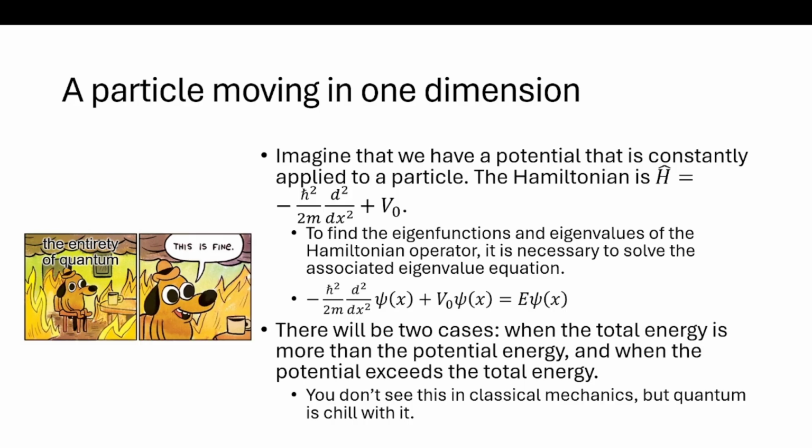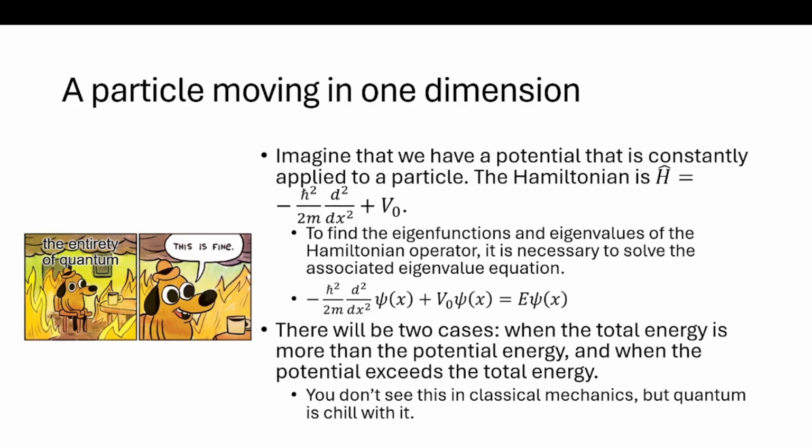Let's first consider a particle that moves in just one dimension, and we have a potential that we constantly apply to that particle. As you can see, our Hamiltonian operator, we can write in explicit terms. To find the necessary eigenfunctions and eigenvalues of this operator, we need to solve the eigenvalue equation, which is the Schrödinger equation, actually.